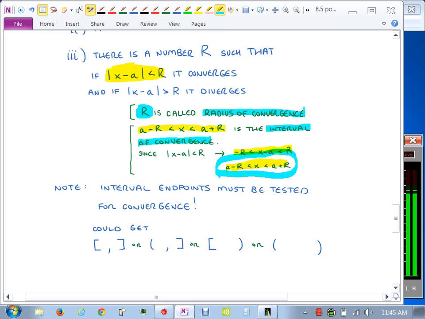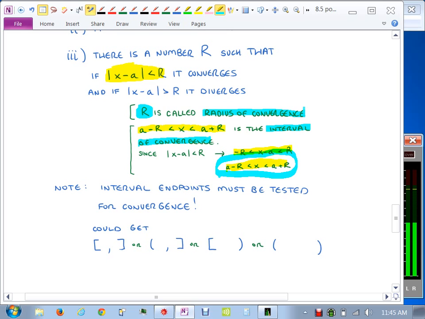All right, so because of that, the endpoints of our interval have to be tested. And there's only a couple of possibilities we could have for convergence. This one would mean what? What do brackets mean on an interval? Include them, right? So we could get an interval and wind up that both endpoints give us convergence, which means it would be a closed interval.